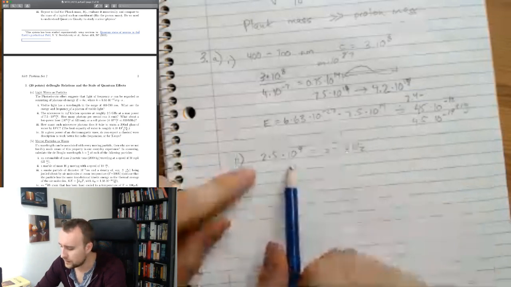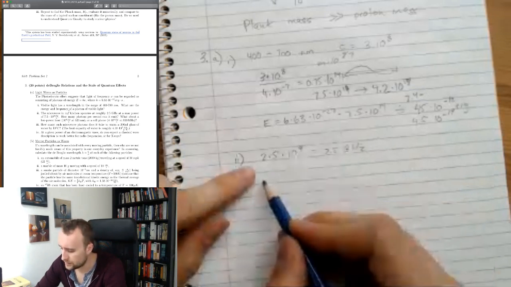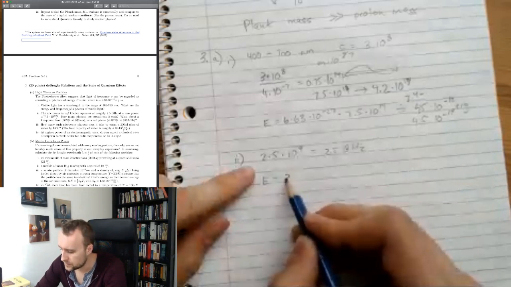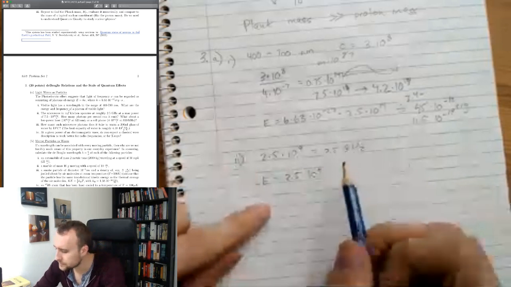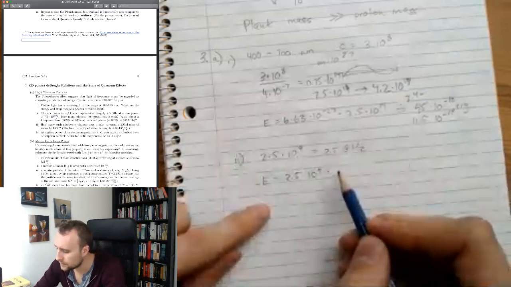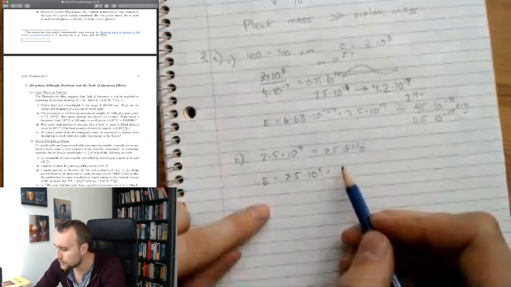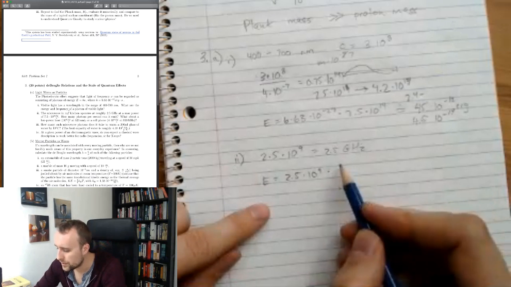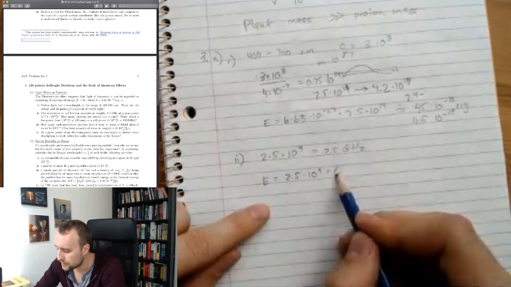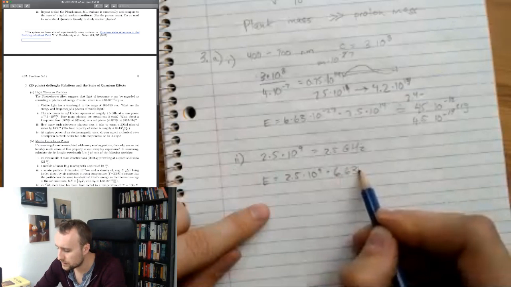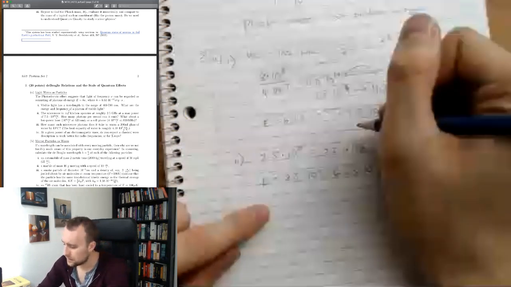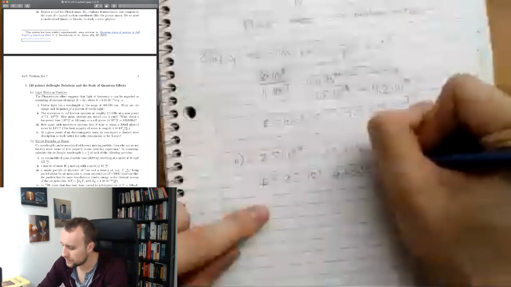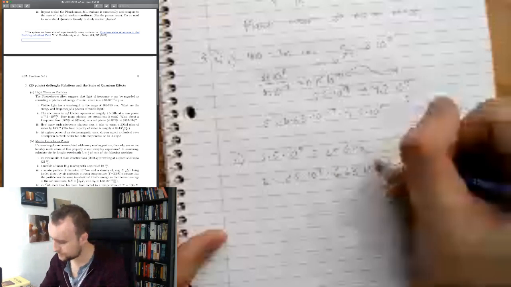So what is the energy of this? Well, E is equal to 2.5 times 10 to the 9th times 6.63 times 10 to the minus 35, 34.